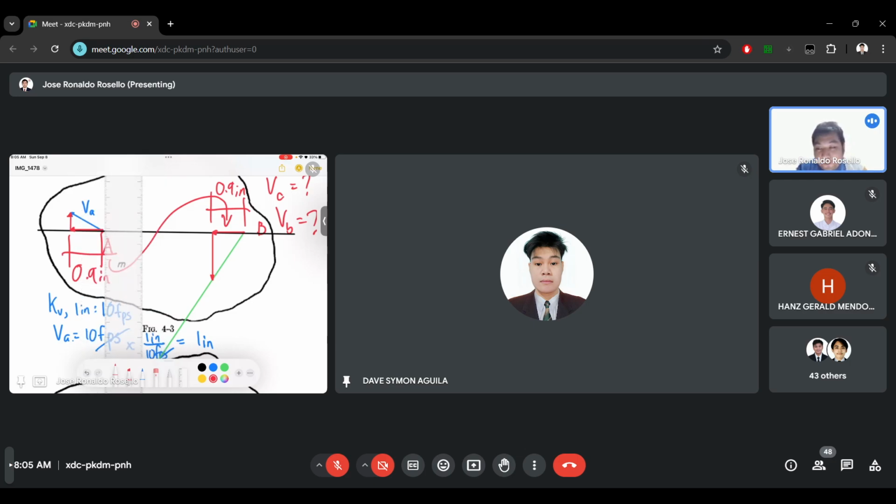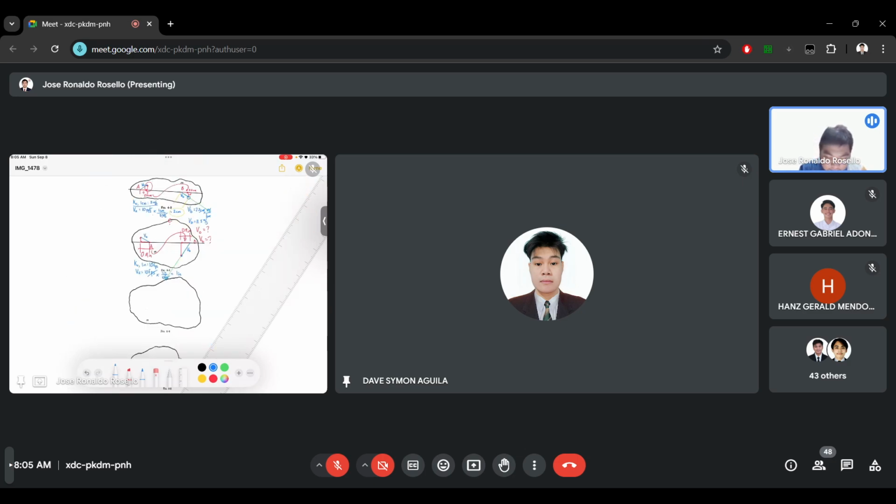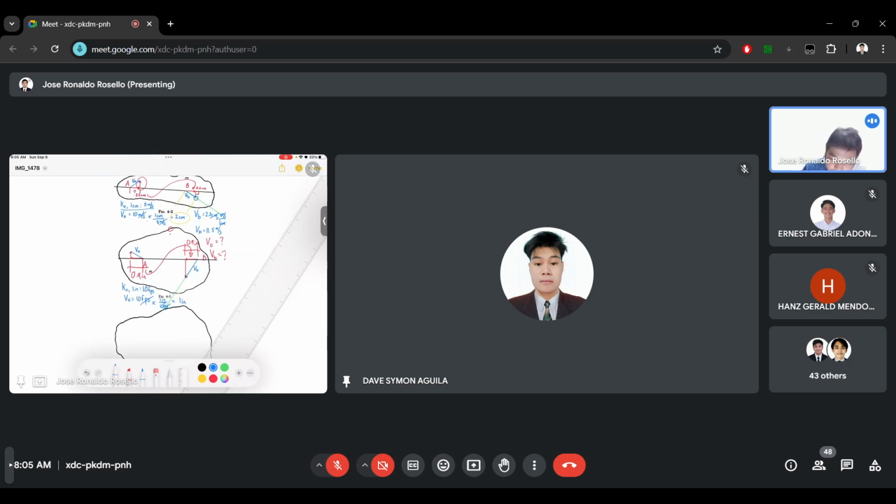This is now the components of vector B. To determine the vector B, we connect point B to the perpendicular vector. This is now velocity b. To determine velocity b, we will measure it again using a ruler.